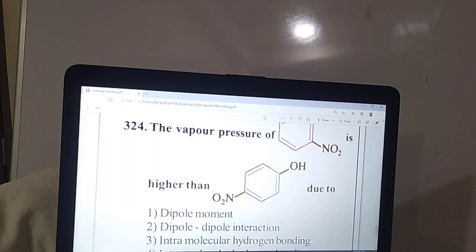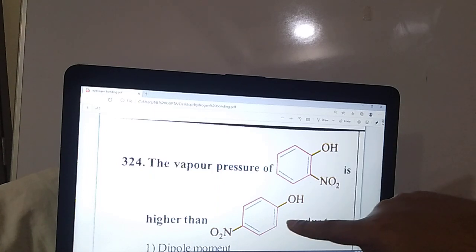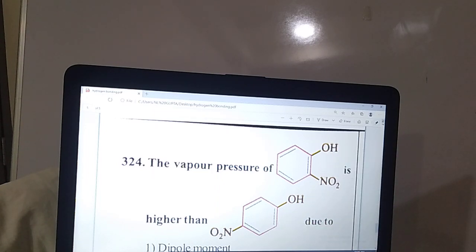Now the next question, 324. They ask which of these two has the higher vapor pressure. The vapor pressure of orthonitrophenol is higher than paranitrophenol because of hydrogen bonding.